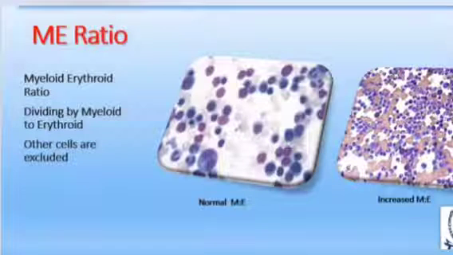The other thing that you are looking for is the ME ratio, and it is also very important in the examination of the bone marrow. What is the ME ratio?